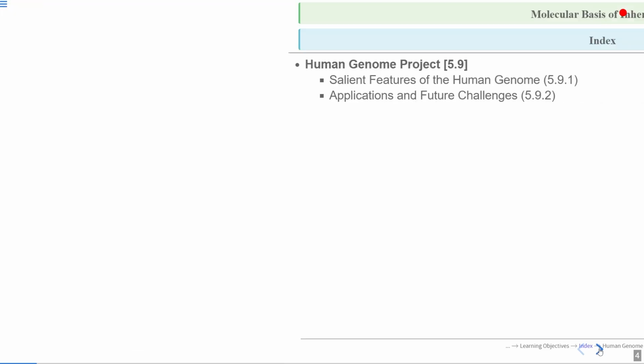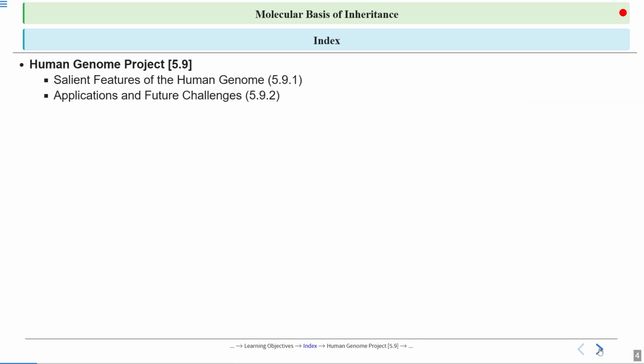So let's go ahead. Today's index is like this. We are going to cover NCERT section 5.9, which is the Human Genome Project, and in it we will cover two subparts: salient features of the human genome, which is 5.9.1, and then the applications and future challenges, which is 5.9.2 of the NCERT.